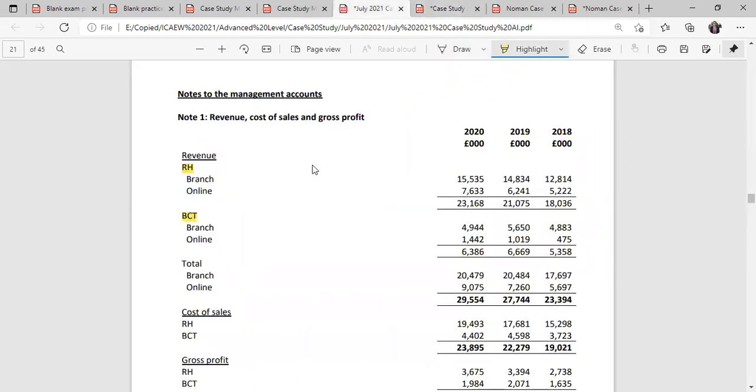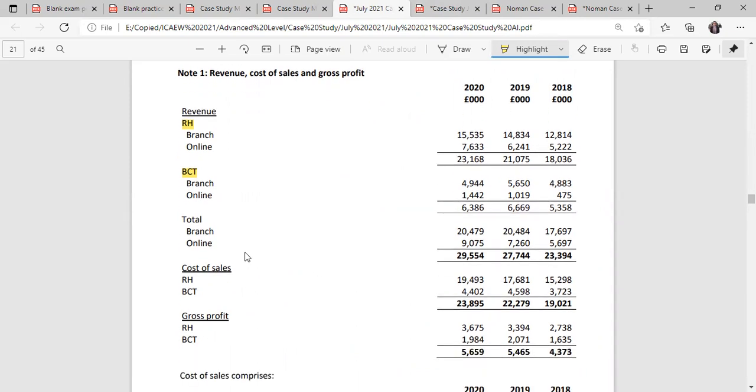So if we have this kind of breakup in my advanced information, it is quite possible the examiner might test this requirement in this way. Further, we have total revenue, but we also have a classification of branch and online.